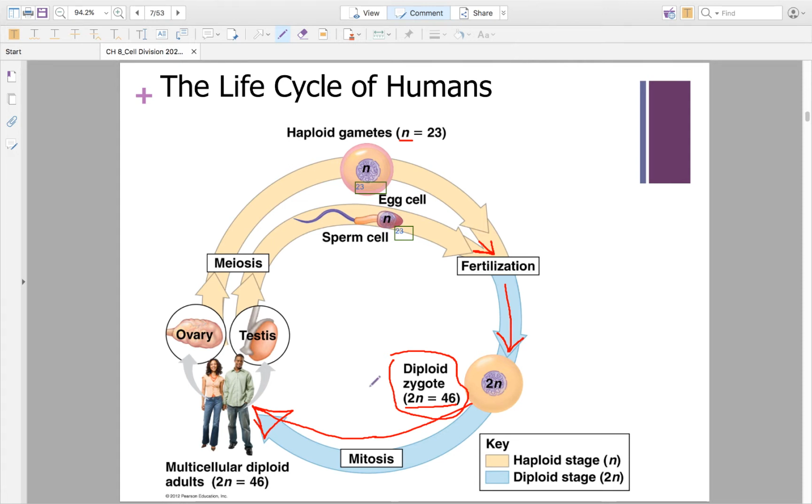Every single one of your cells, except red blood cells, is carrying your full DNA that you acquired in this process right here. Let's say this is you, that's your genetic makeup right there.